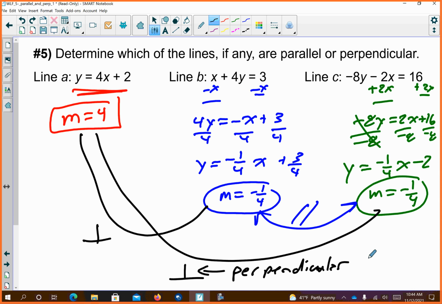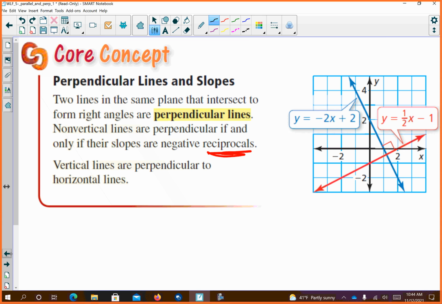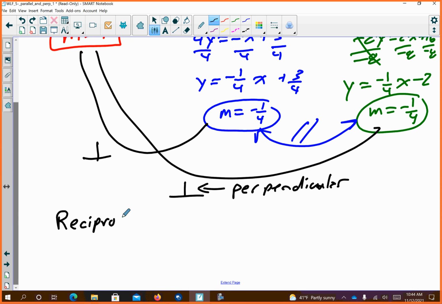Okay? So let's talk about what a reciprocal is. How do you spell that? Reciprocal. Negative reciprocal.